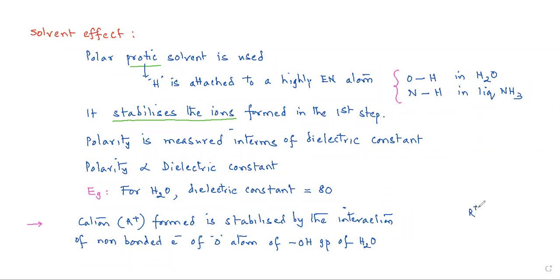See, this is the R plus or the carbocation, and now the water molecules with the non-bonded electron pairs.